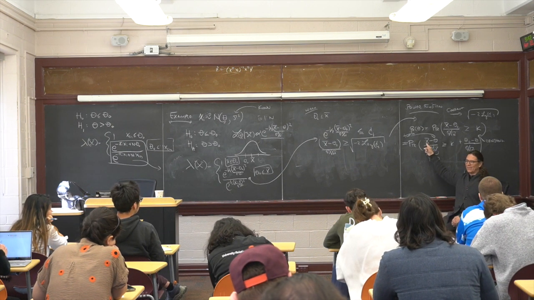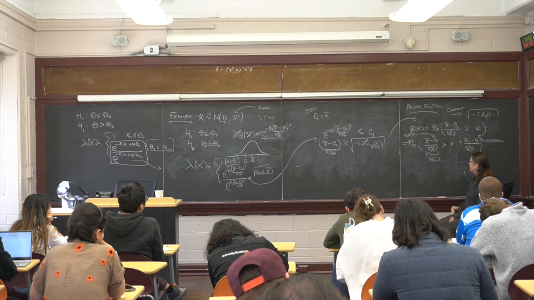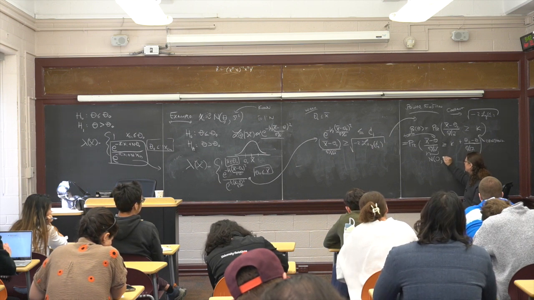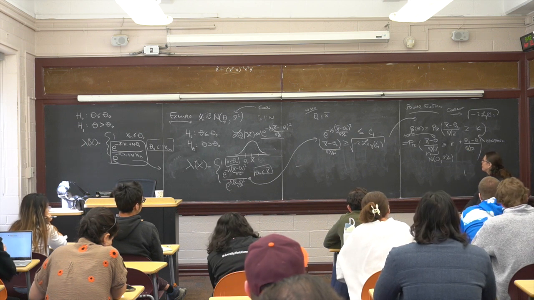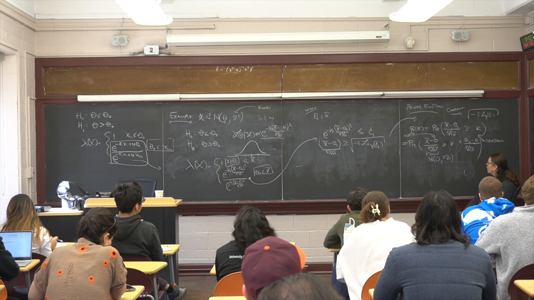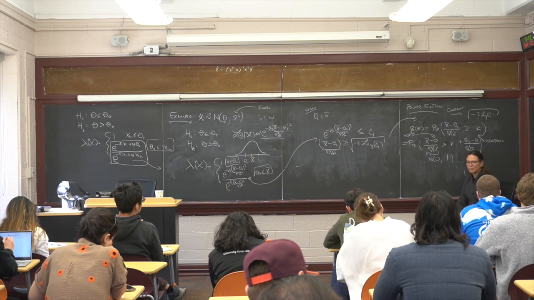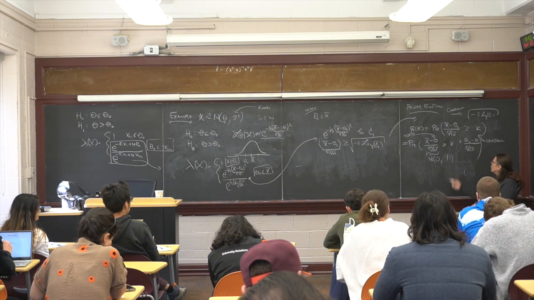X bar has expectation theta, so minus theta, the expectation is 0, and the variance is sigma squared over n. Sorry, yeah, divided it out, so that's normal 0, 1.